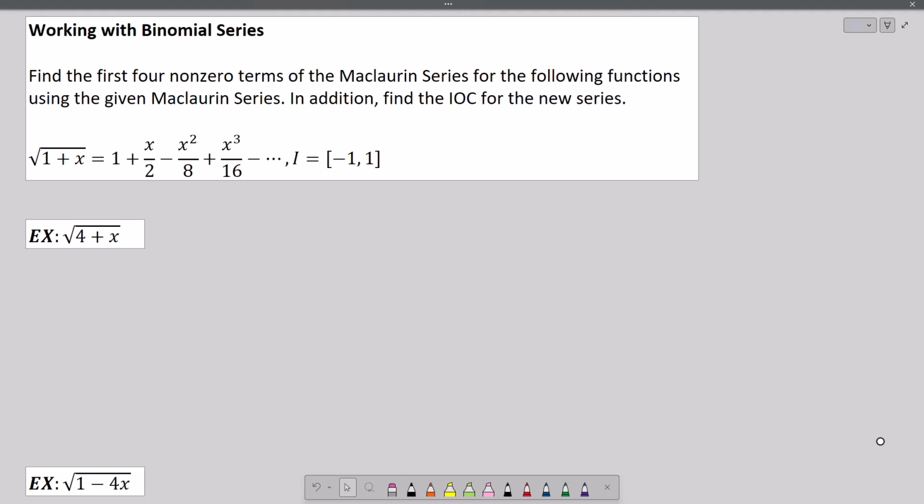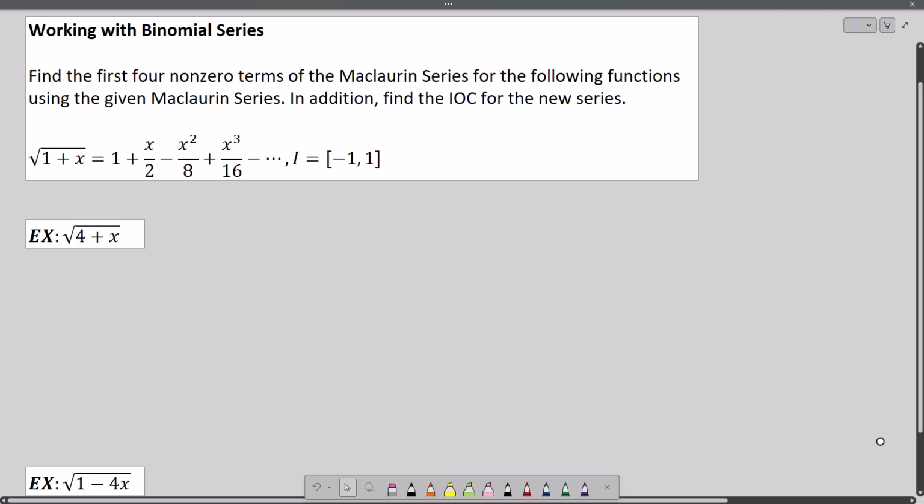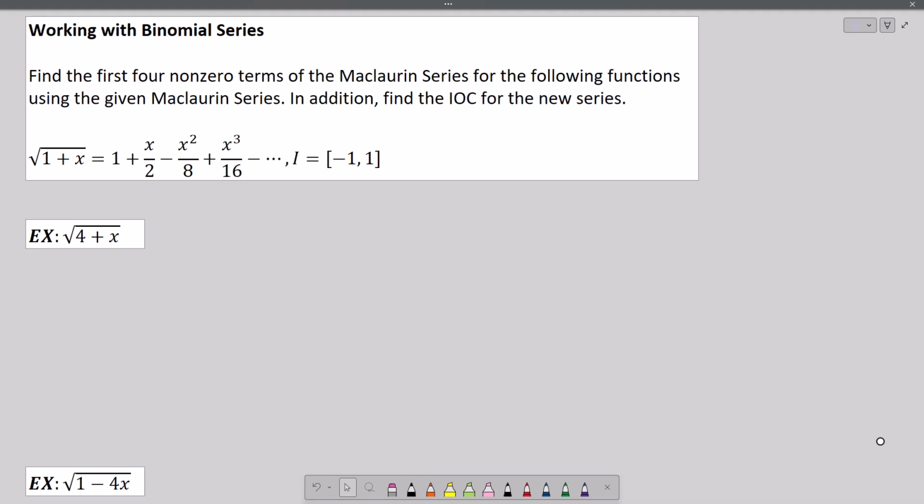But if we replace x with x plus 3 on the right side, that's not a Maclaurin series, right? That center would be negative 3. If we replace all the x's with x plus 3, we don't have a Maclaurin series. We have a Taylor series centered at negative 3.